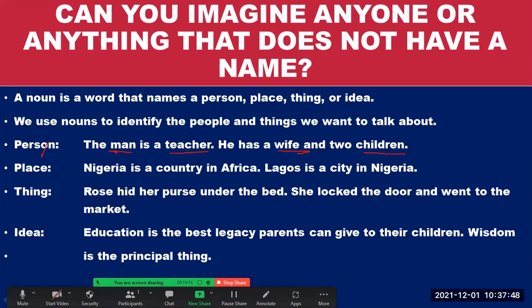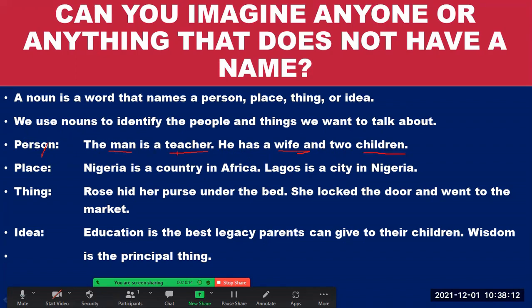Now, what happens is that all these words give us the identity of certain classes of people or persons, all right? So that's what gives us a very clear insight into what a noun does.